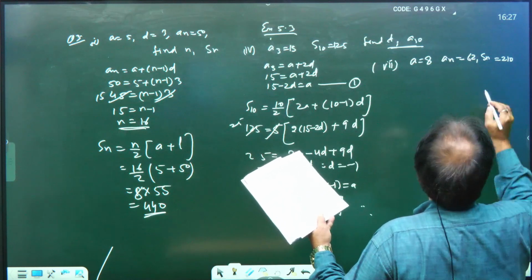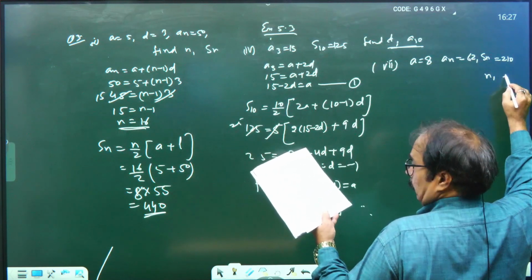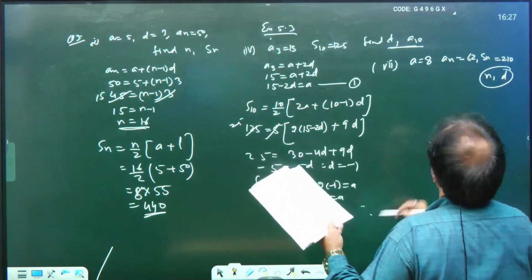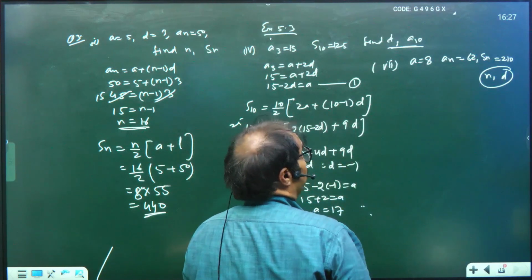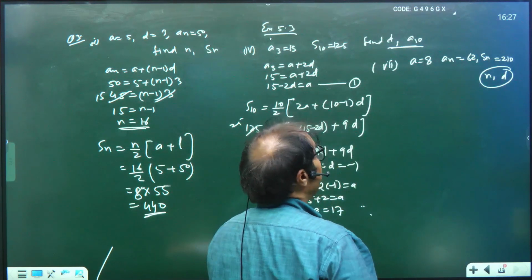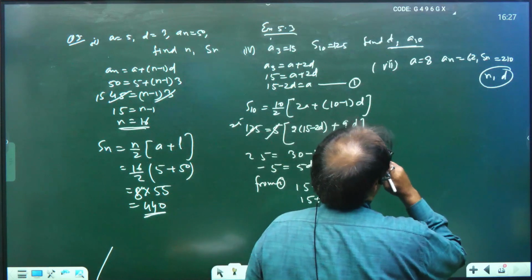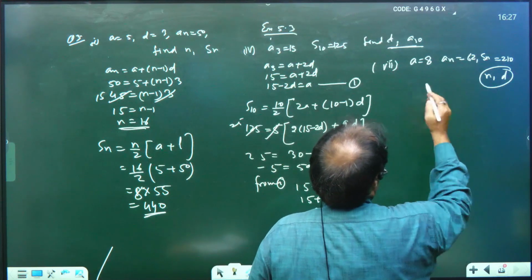Then find the value of n as well as d, these two we have to find. Okay, so Sn is given, an is given, we have to find n as well as d.